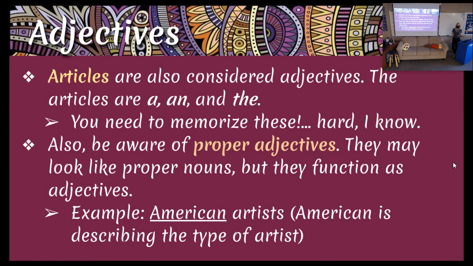It looks like it could be a noun, but the way that it's functioning in the sentence is actually an adjective because it's telling us what kind of artist. So it's answering one of those adjective questions, what kind. So you just have to be kind of careful and watch out for those. Questions so far? Making sense?